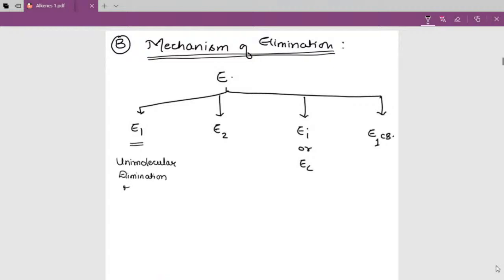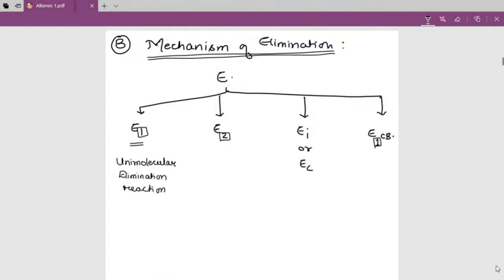Unimolecular elimination reaction. Now, this is a very standard IUPAC method of representing the mechanisms. Whatever we are writing as a subscript, particularly the numeral that we are writing, it represents the molecularity of the reaction.